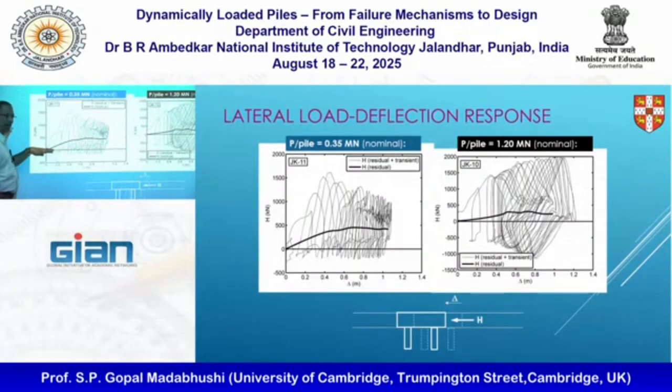Because it's starting there at 0, it's going very much positive up to 1500 and a little bit negative, but mostly on the positive side. This means that the clay is driving the pile quite strongly downslope and not allowing it to go upslope.